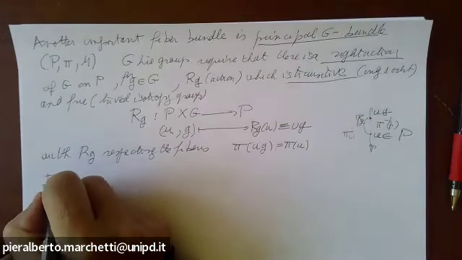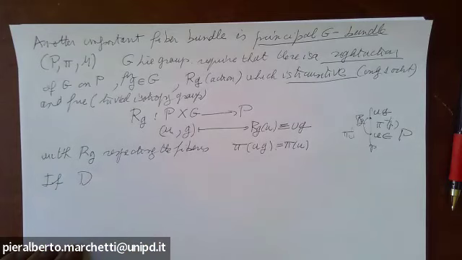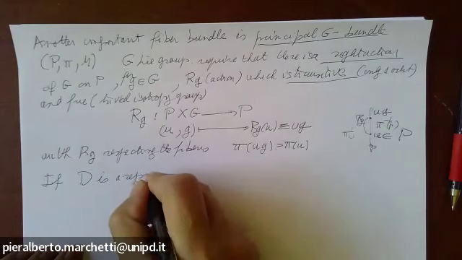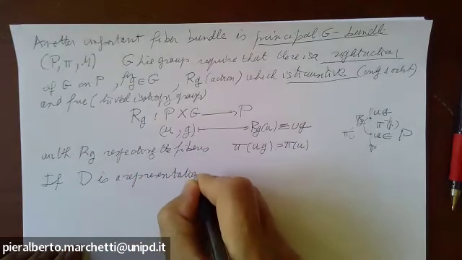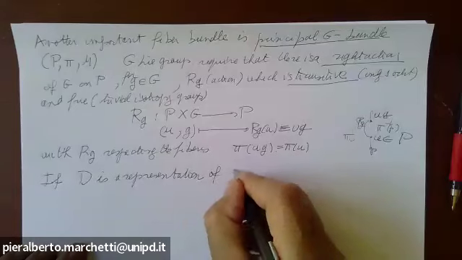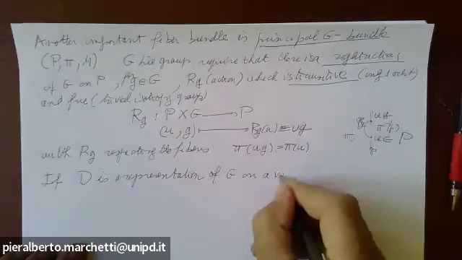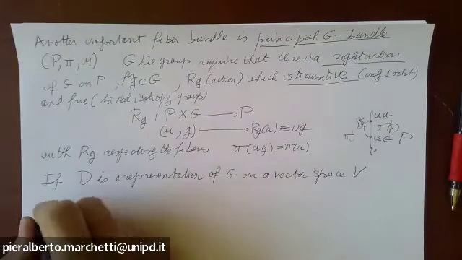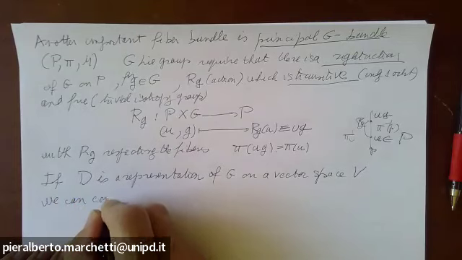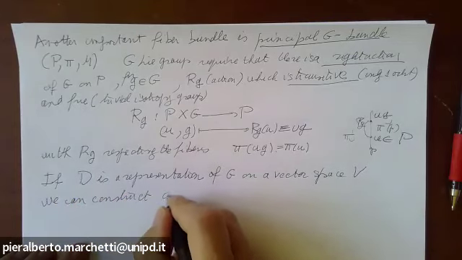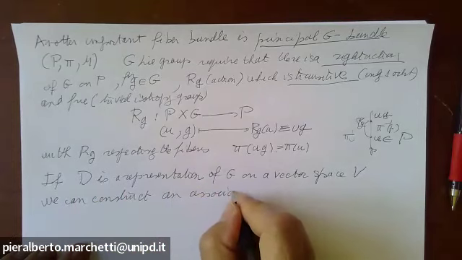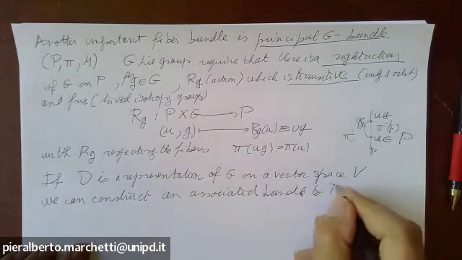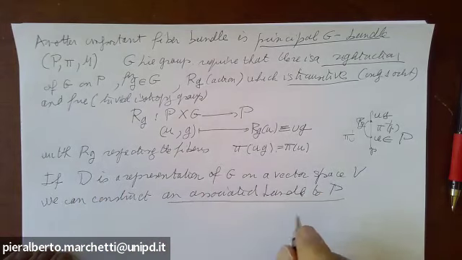It's almost clear that you can generalize this construction. If D is a representation of G on a vector space V, we can construct what is called an associated bundle to P in the following way.